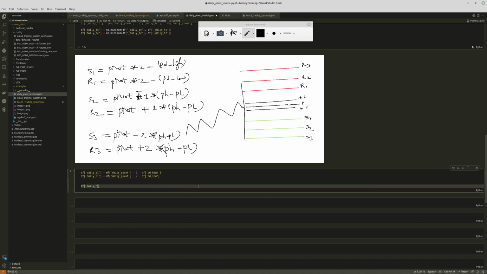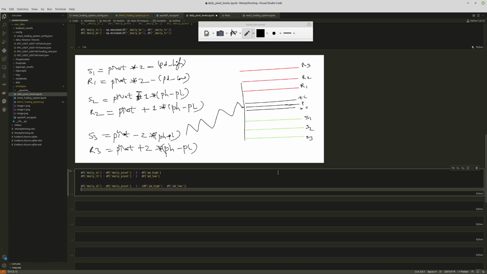Now daily S2 is going to be daily pivot minus 1 into previous day high minus previous day low, and daily R2 is going to be daily pivot plus 1 into previous day high minus previous day low.